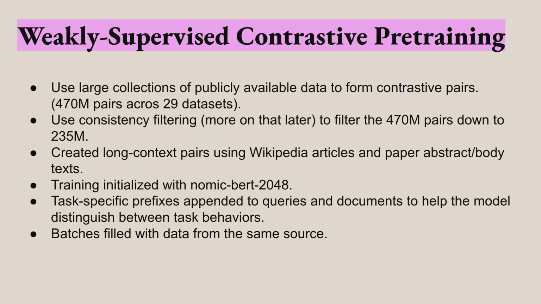They use consistency filtering to filter that 470 million data set down to 235 million. They create long context pairs using Wikipedia articles and research paper abstract and body texts.